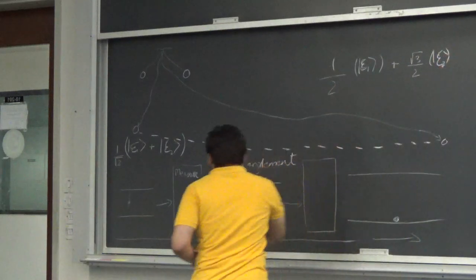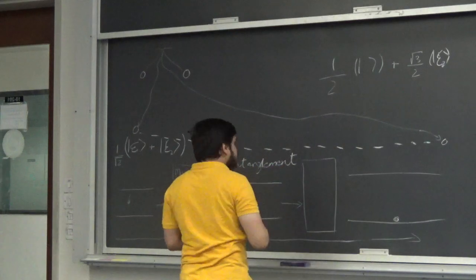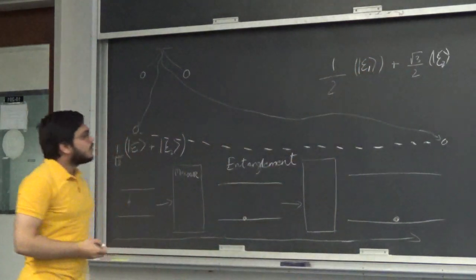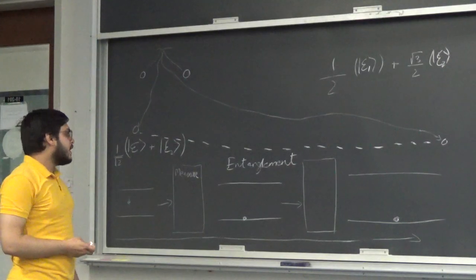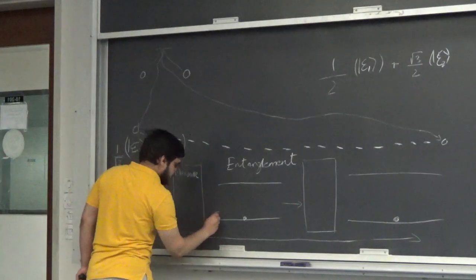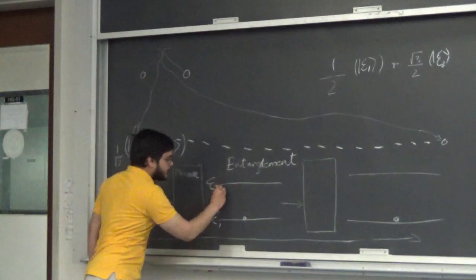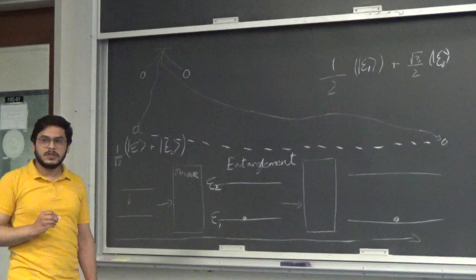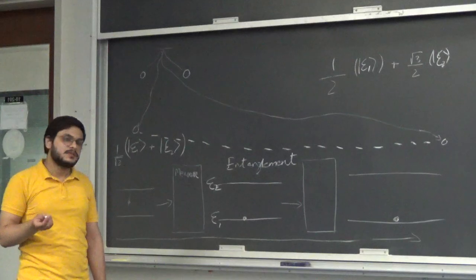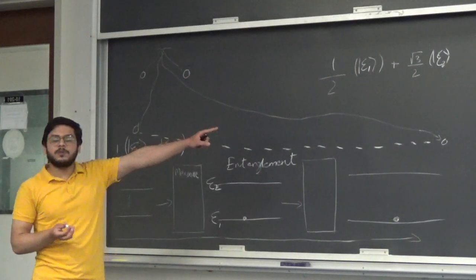Let me just rewrite this. What are the chances now that I'll land in the state E1? Any ideas? So for this state, the probability of landing here. Yes. So the probability of landing in the state E1 in this situation will be 1/4.